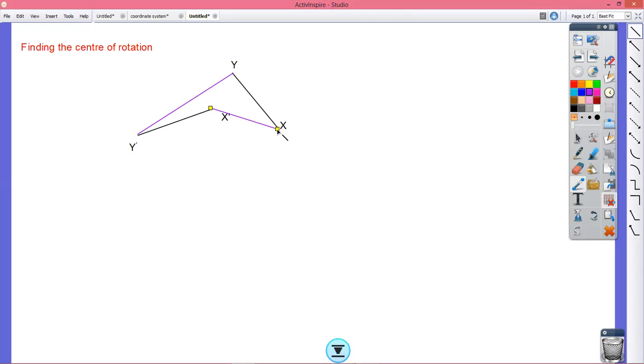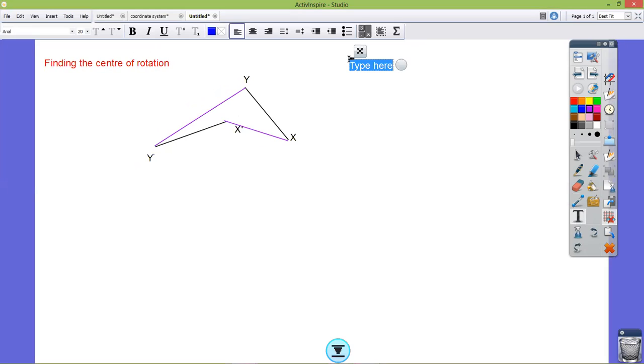Now we are going to find perpendicular bisectors.